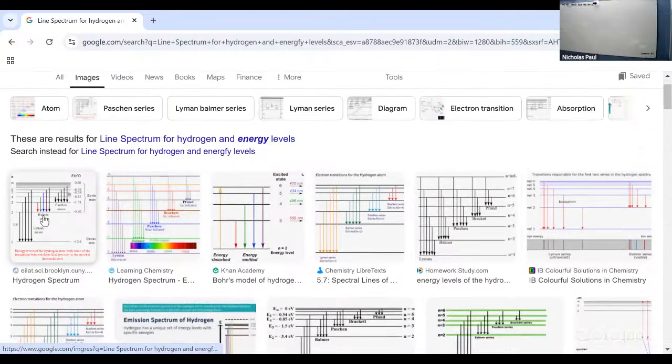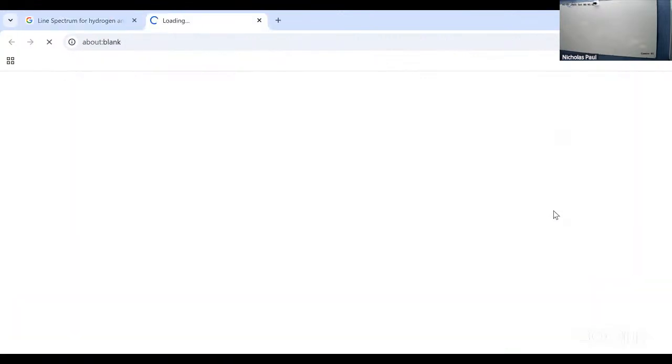I had a diagram from here, but I'm not seeing it. Try this one.